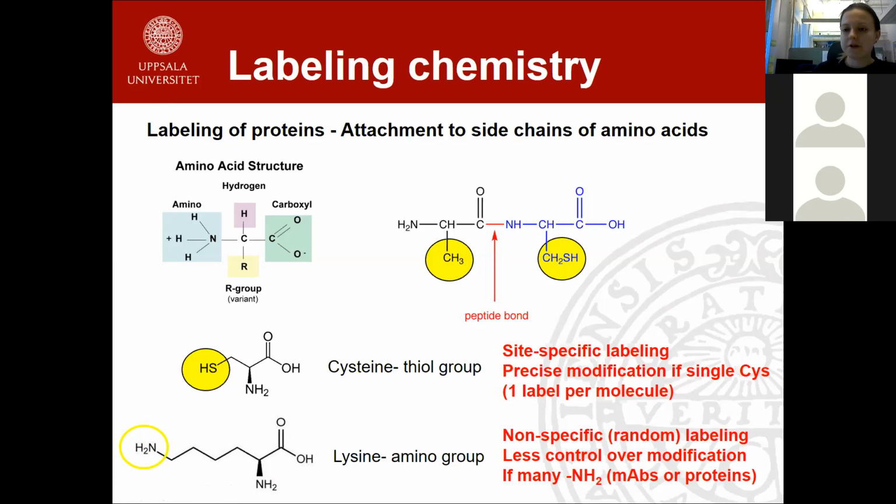So, of course, if we use an amine-directed chemistry, a chemistry that reacts with amines, we lose control over how many labels would actually be attached to the molecule. It's called non-specific or random labeling, with less control over modification.